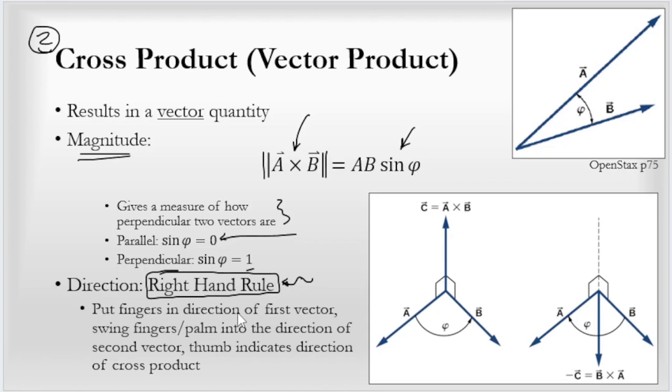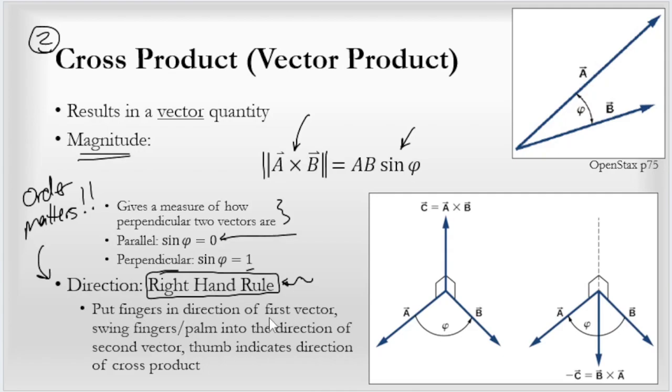I said, put fingers in the direction of the first vector. I did not say A crossed into B equals B crossed into A. That is not true. When I am crossing products, order matters. And I'll write that up here: order matters, with an exclamation sign, because it results in our direction.